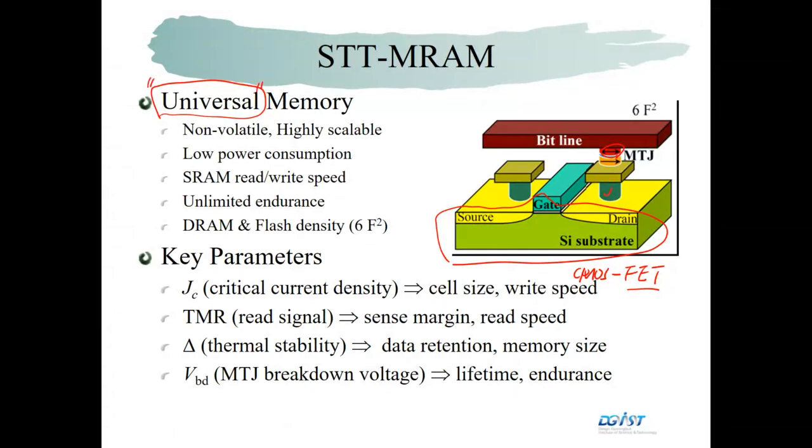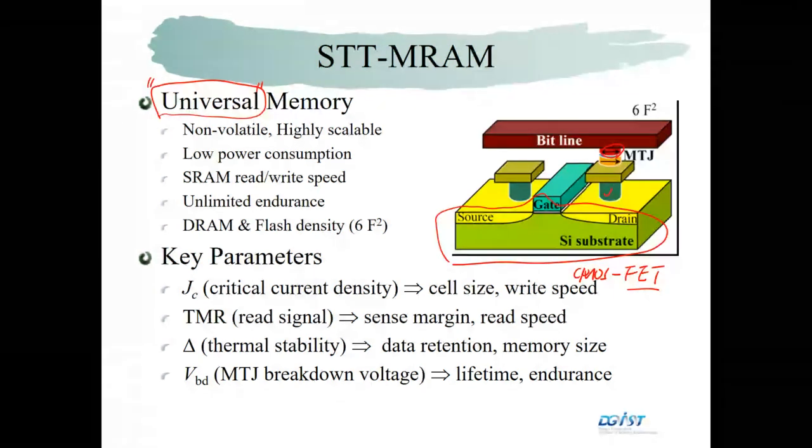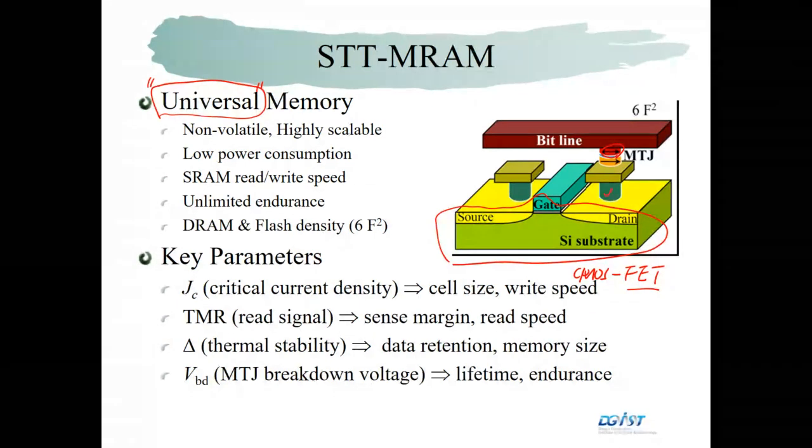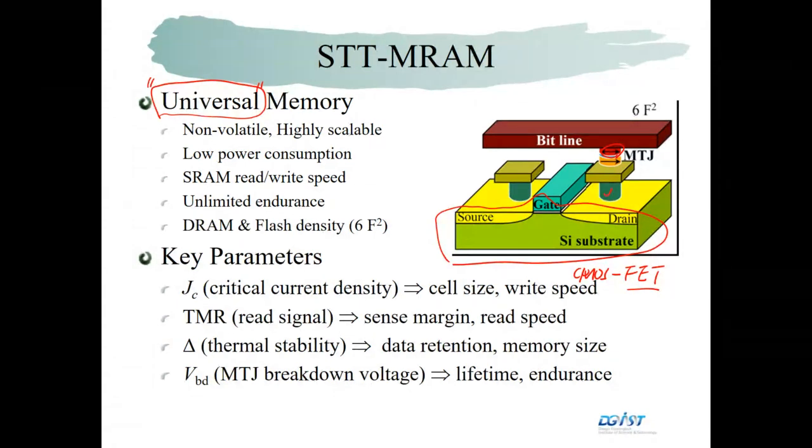But in other words, that means they don't have any very strong point. If they had a very strong point compared to other memory, maybe people would use STT-MRAM for that purpose. But MRAM has good performance in many senses. So people want to use MRAM in many places, but it doesn't have a strongest point.